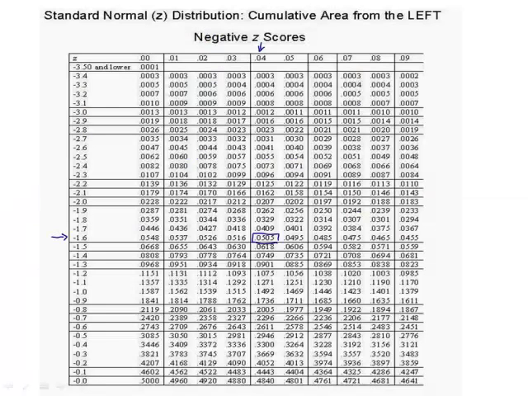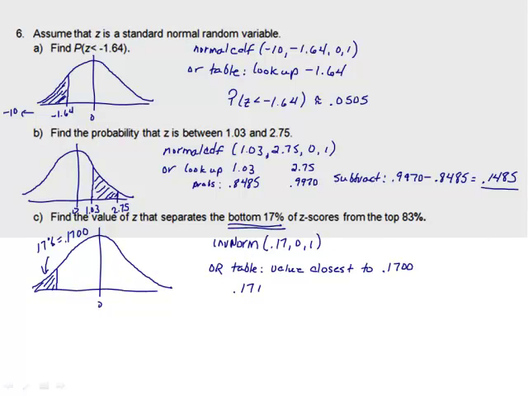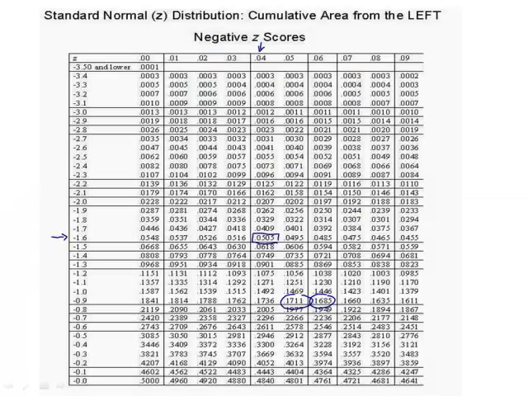So if we look through the middle of the table, we can find these two values that are both on either side of 0.1700. I'm going to write both of those down. We have 0.1711 or 0.1685, and actually 0.1711 is a little bit closer to 0.1700. That's the one that we're going to use.